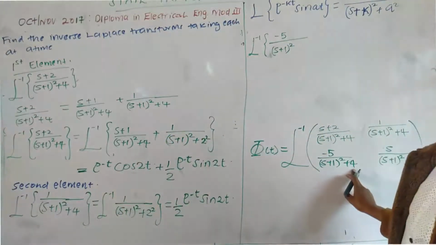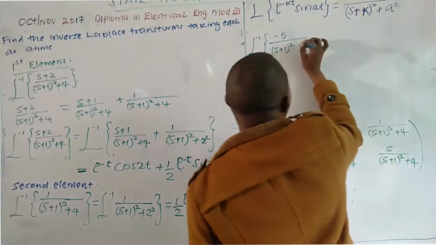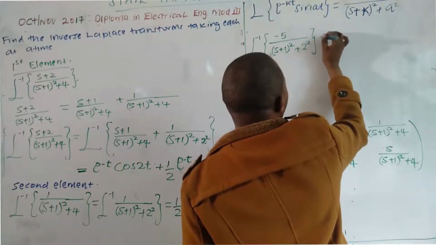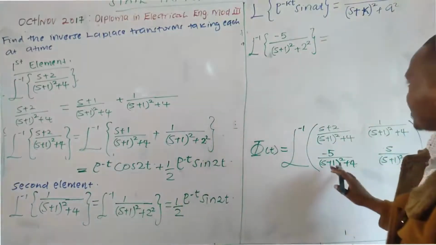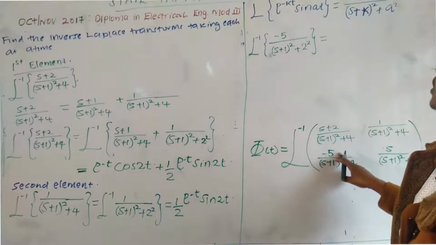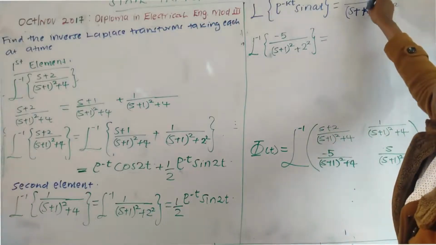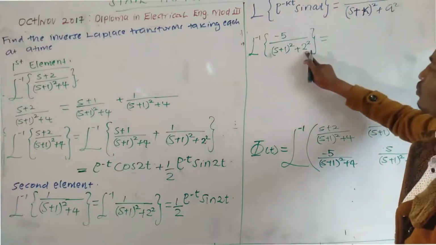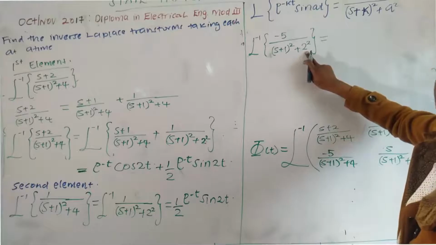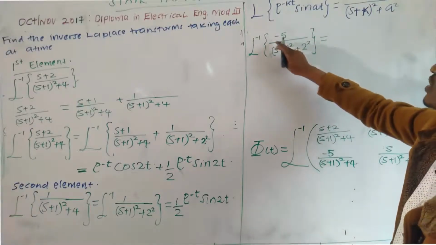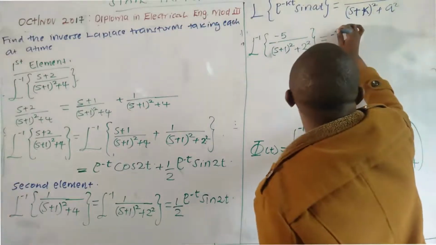This 4 is 2 squared plus 2 squared is equal to, we are saying because there is no s up, it is a sine, there is only a constant. But actually, if you have 2 here, 2 squared, here we should have a 2, not a 5. So it's the same as saying negative 5.